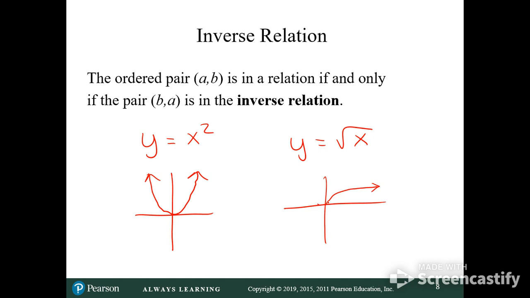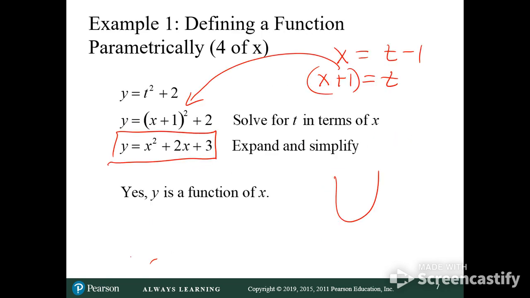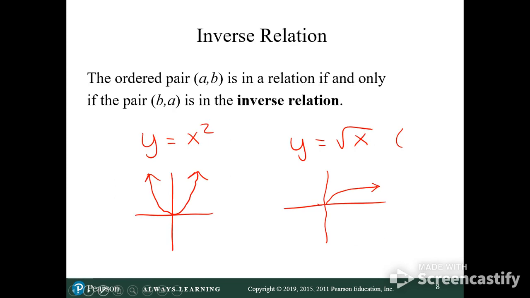Because if I went like this, would it be a function? No, because it doesn't pass the vertical line test. So the square root of x has a limited domain. It goes from 0 to infinity.